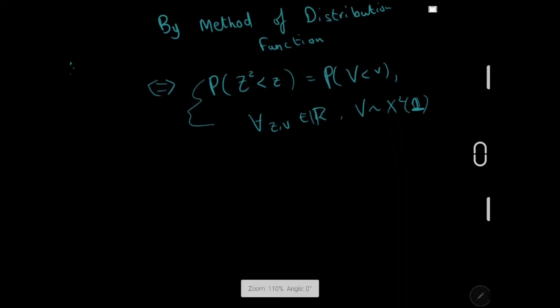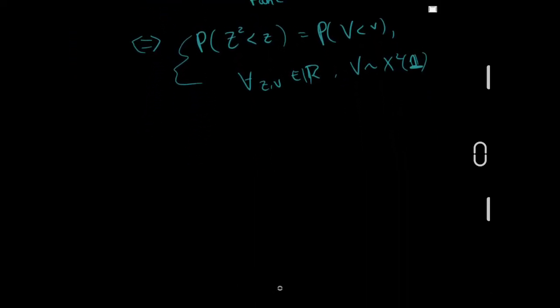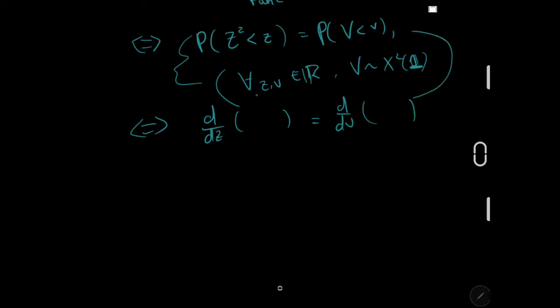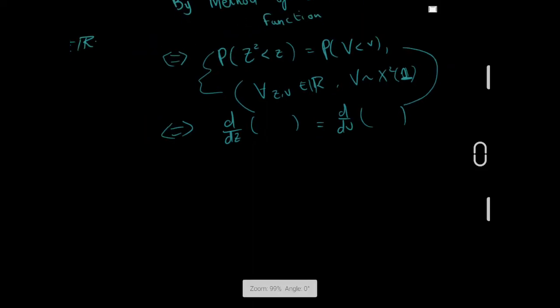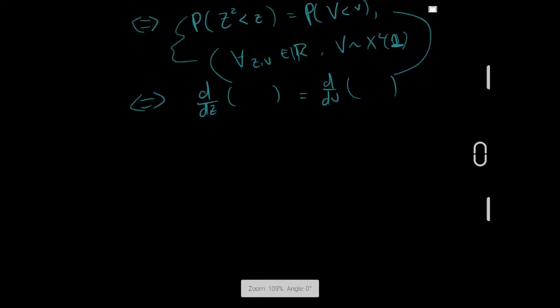By the same token, the derivative of this with respect to z is equivalent to the derivative of that with respect to v, with the same criteria or qualifications. Okay, so let's start off with the right-hand side.